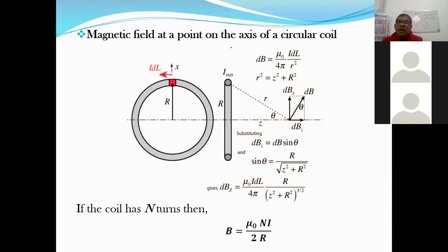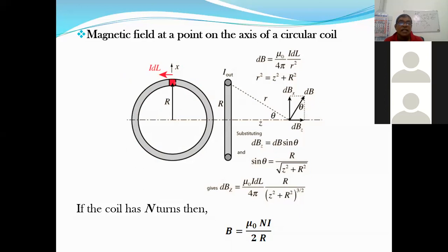Same thing actually we have to apply. So there the only problem is the selection, the way of selecting the ds, the small segment, small element, and the current and the distances, right? Now you can see here we have the circular coil, which has radius r.